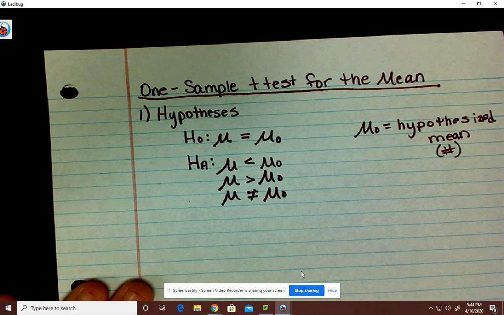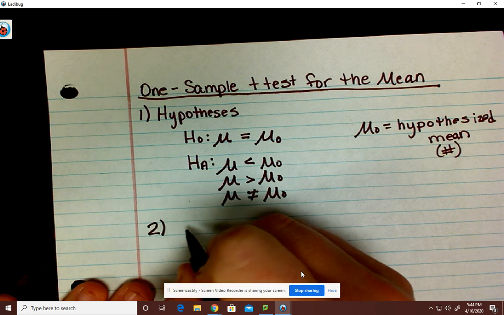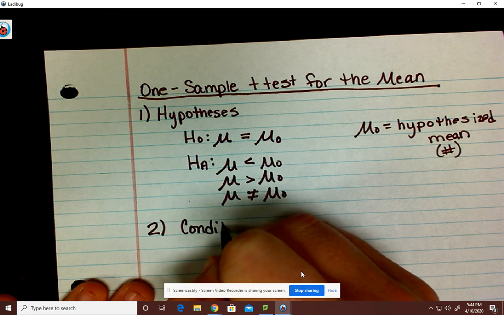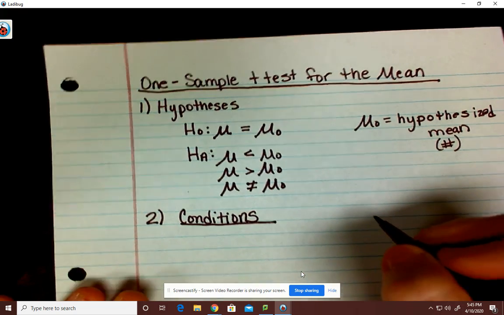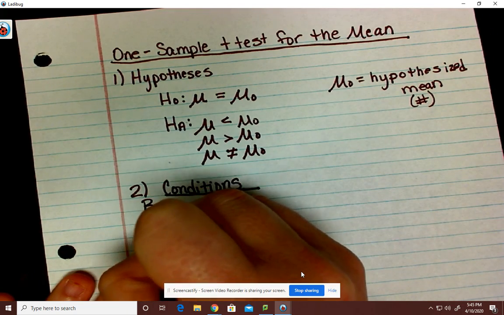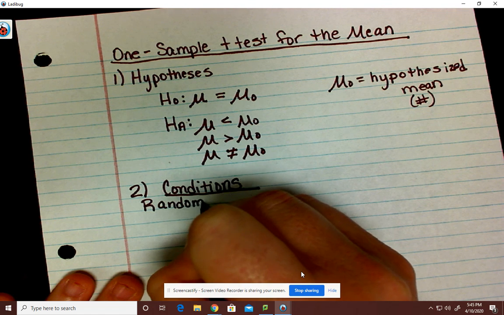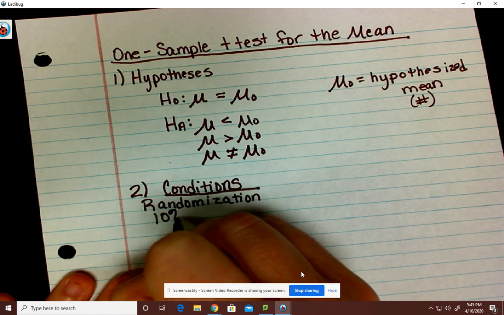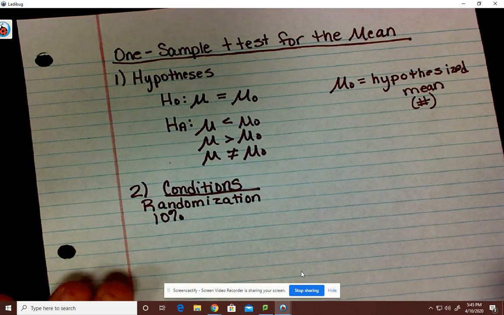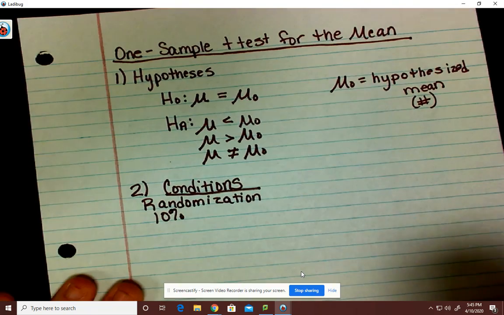All right, so you do your hypotheses, then you do your conditions. And so then we have randomization, just like we've always had, 10%. We do not have success/failure on this one, so some of you that don't do that one very well will be glad of that.